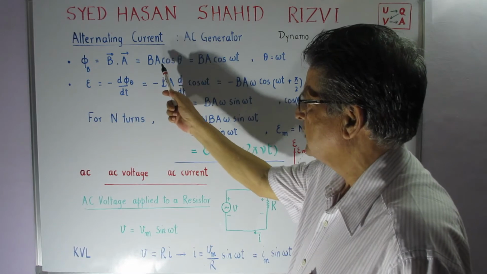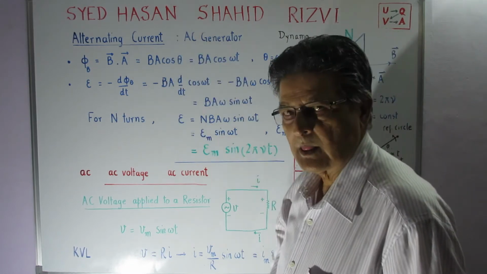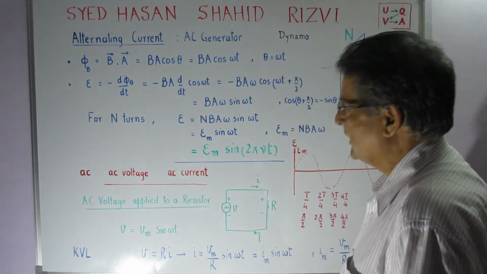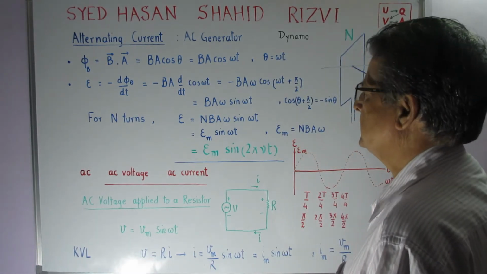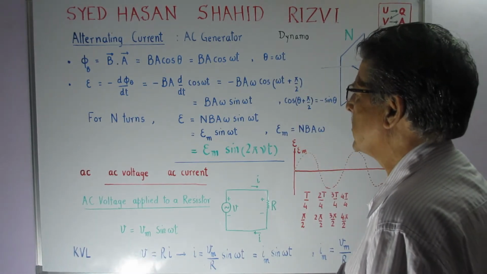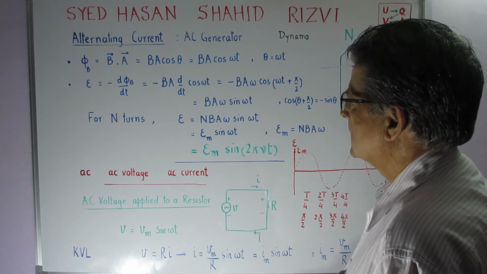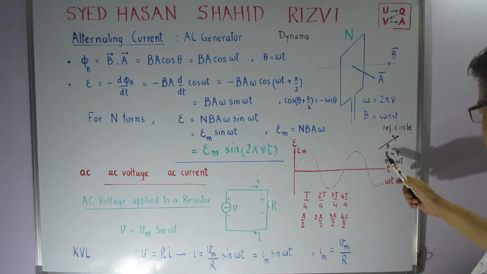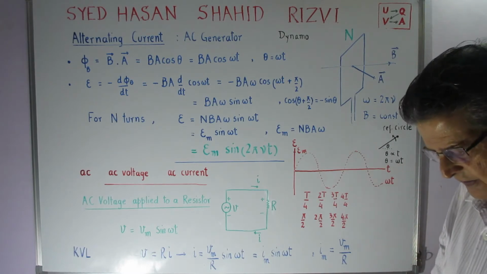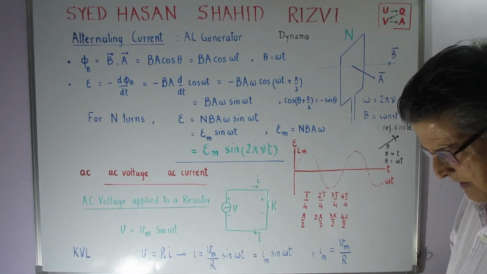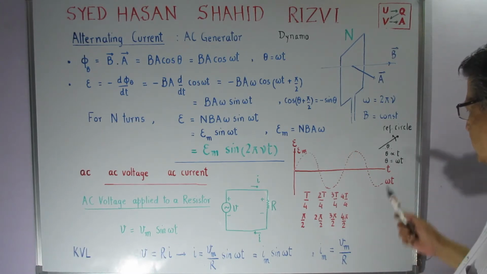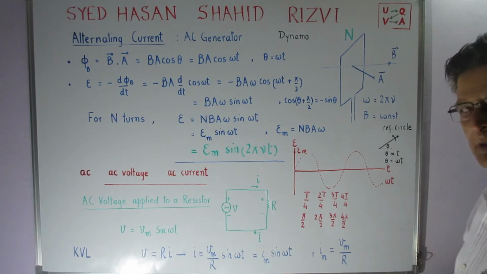It turns out to be equal to BA cos theta, because we learned that in vector analysis. And if that theta is related to t by a simple direct proportionality, then theta turns out to be equal to omega t.